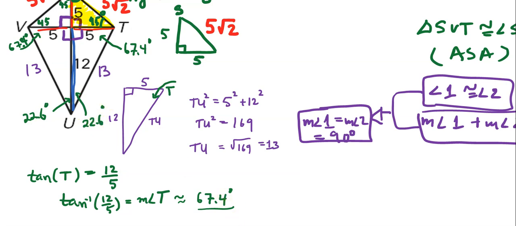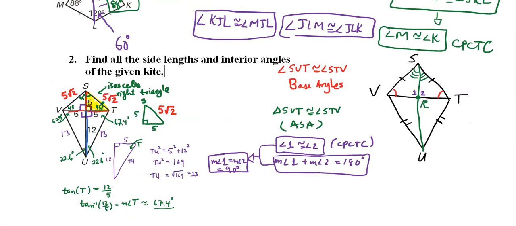Okay, all right, so a lot of stuff going on here. Let's recap a few things. First, the side lengths. That's what the question asked for, right? The side lengths are 5 root 2, 5 root 2, 13, and 13. The angles, and there are 4 of them for this shape. There is the combination of these two right here, 45, 45, so it happens to be 90 degrees.